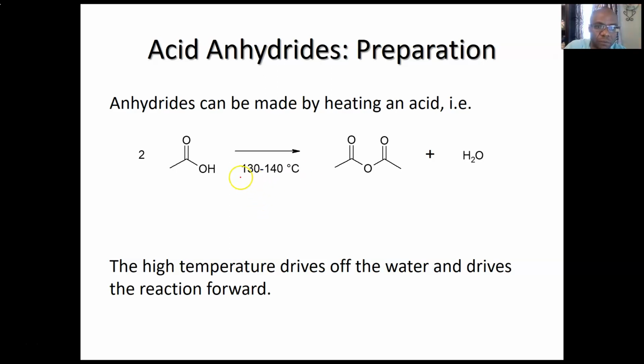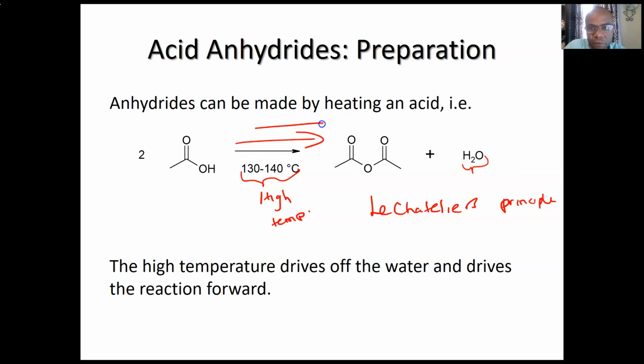Okay, so we always use high temp for this reaction. If you use the high temp, it's going to help vaporize off the water, according to what we call Le Chatelier's principle. If the water is taken out, the reaction is forced to go forward because there's more space this way, so you keep making more products.